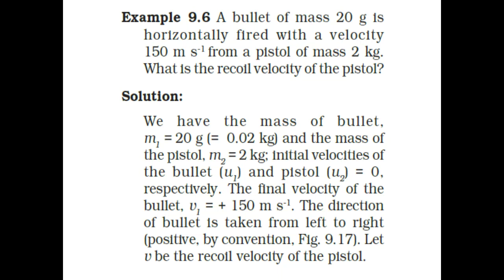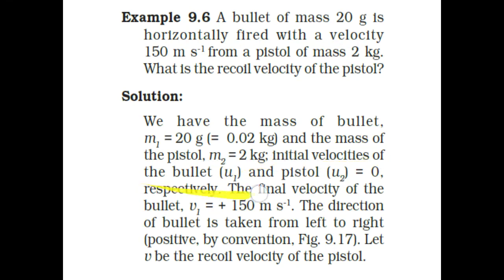So first of all we will write the given things: the mass of the bullet, m1, is 20 grams, which we will convert into kilogram, and the mass of the pistol, m2, is 2 kg.